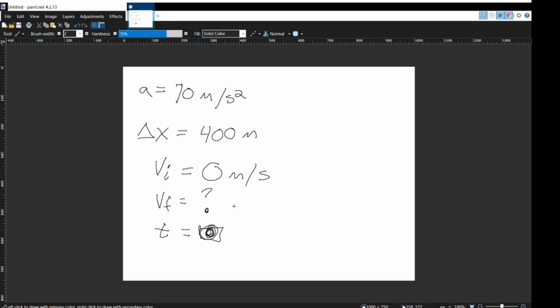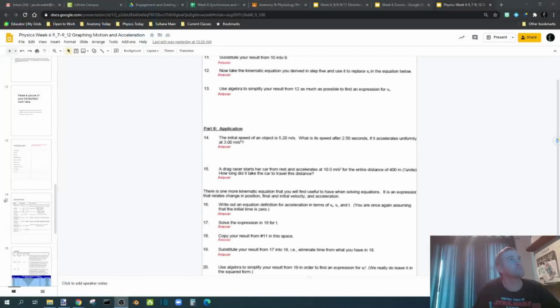So is there an equation where we don't use maybe the change in x, but instead we use time? Is there another equation we can use that uses time instead of change in x? If you scroll down, let me go back to my other monitor here.